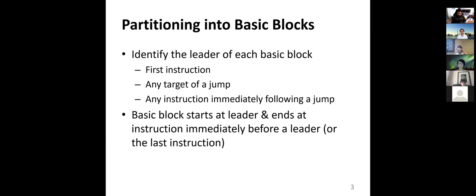That means those are the only possible places for a basic block to start. A basic block starts at the leader instruction, and after you've found the leader instructions, you already know where to start looking. It ends at the instruction immediately before another leader, or at the last instruction.